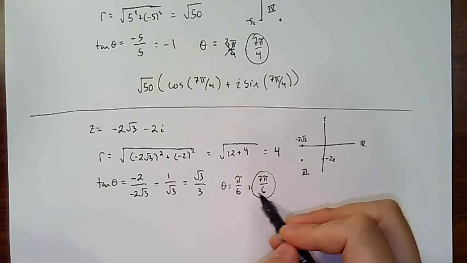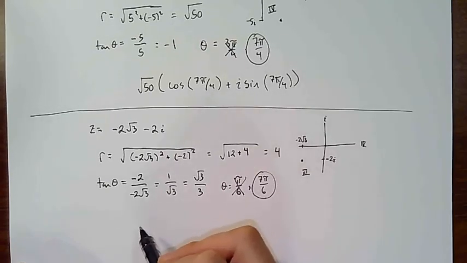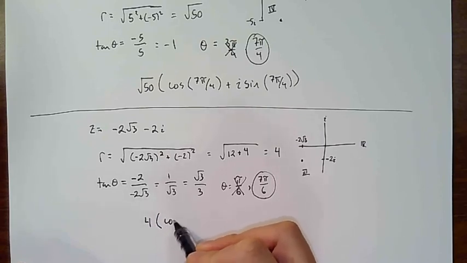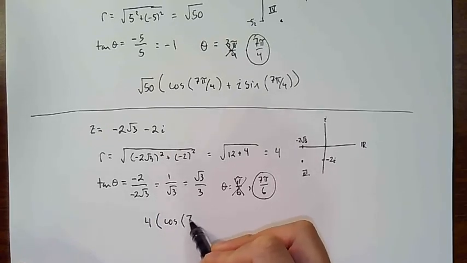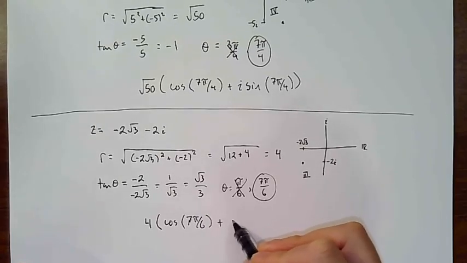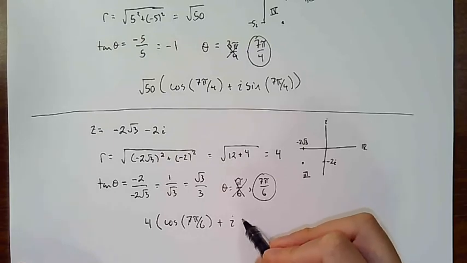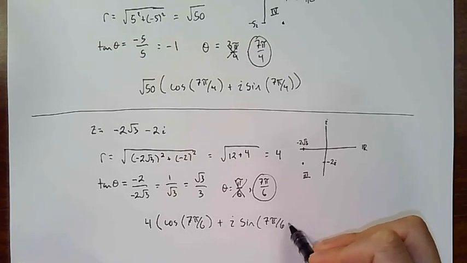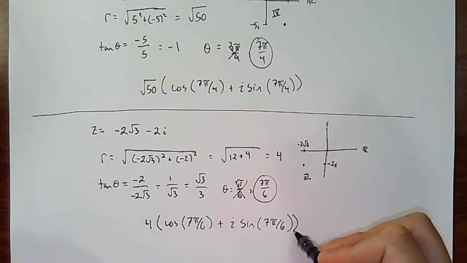So this is the appropriate angle. This one is not. And we can write this as r, which is 4 times the cosine of theta, theta being 7 pi over 6, plus I times the sine of 7 pi over 6. And there we go.